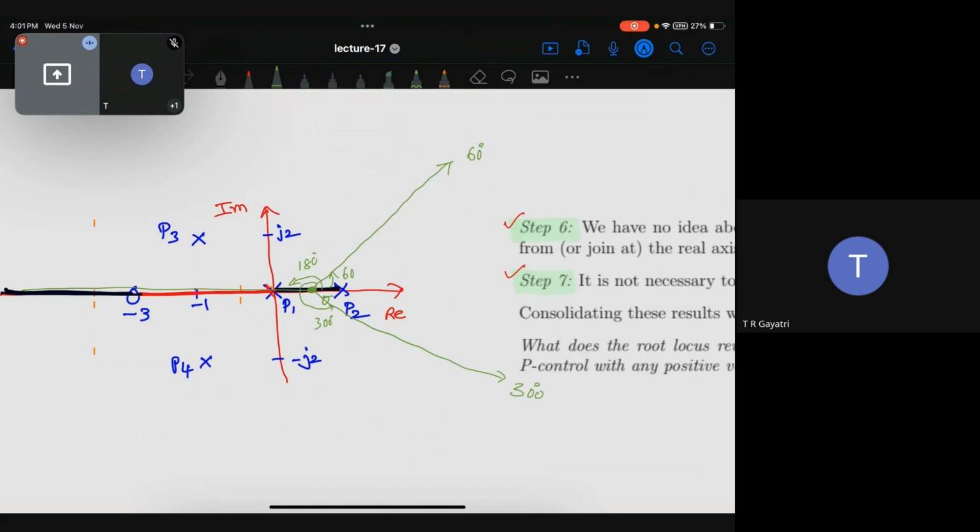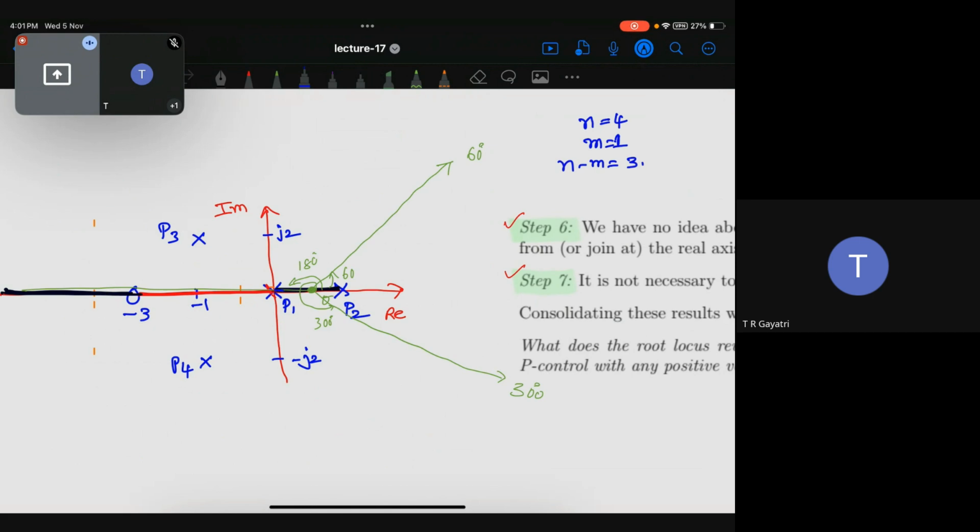Now, what will happen here is, these asymptotes tell us what we said initially: we have n equal to 4, m equal to 1, correct? So n minus m we got as 3.